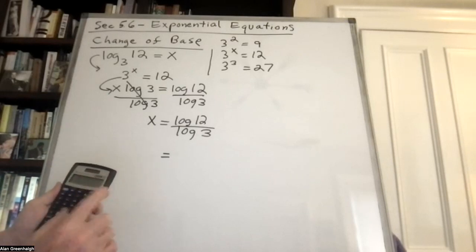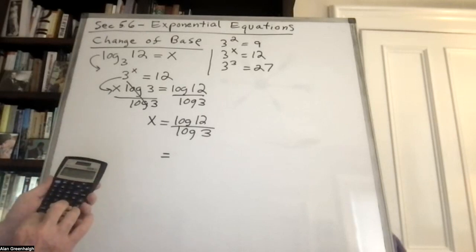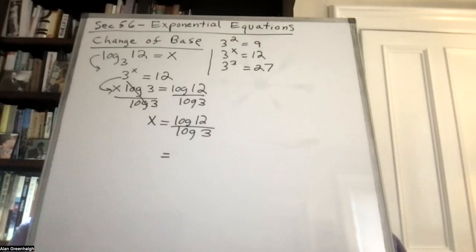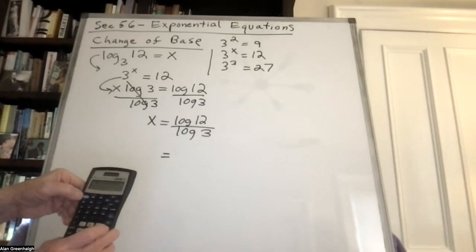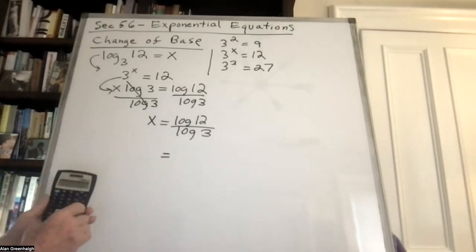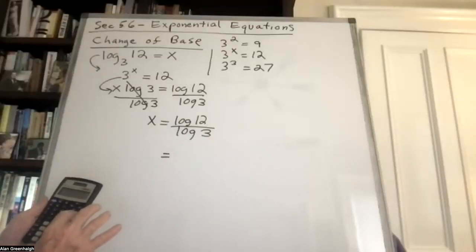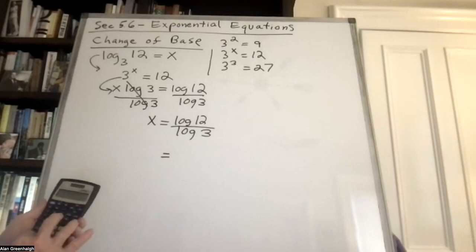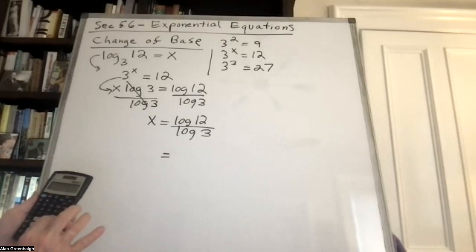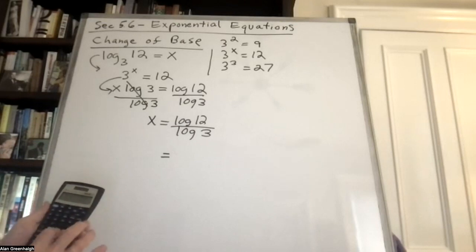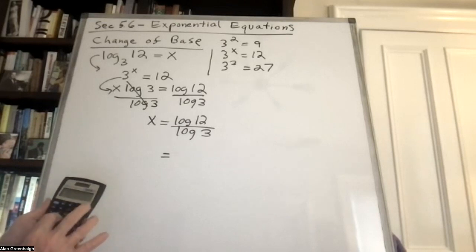Log of 12. So here's log right up here. It's up on the top, just below where it says second. It says log. So it's just the log of 12.